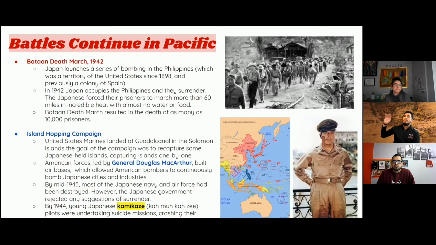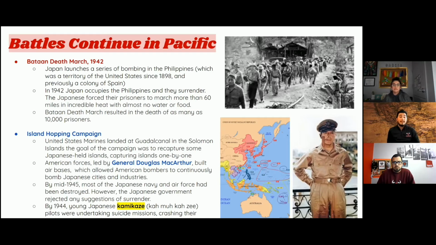Each time they would launch an invasion, clear out the island, claim that they conquered it, and then move on to the next one until they feel that they have continued getting rid of the Japanese advancement. American forces are led by General Douglas MacArthur, who was a really big person within the operations of island hopping. By mid-1945, most of the Japanese Navy and Air Force had been destroyed.